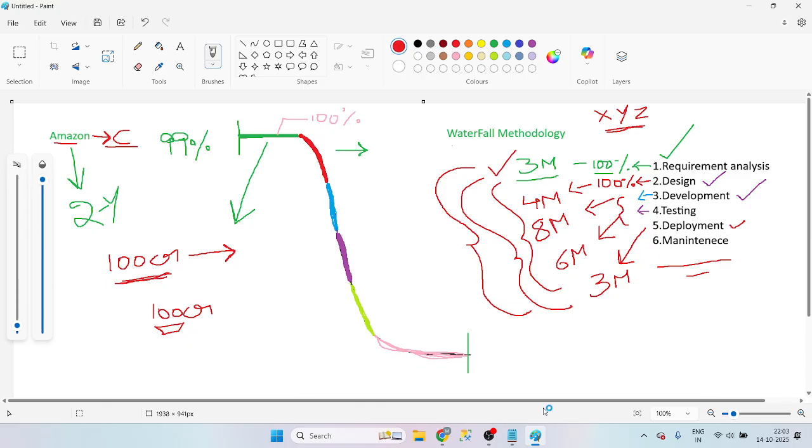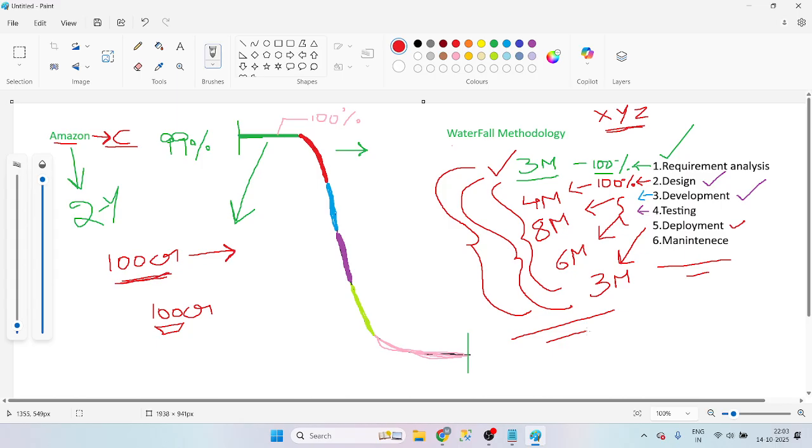After completing the project only, I can see my whole project. How is my project looking like? Before 2 years, I can't see my project. If a client wants to see the Amazon project, it is very hard to check because we can see only the demo. We can't test in live. That is the main catch.